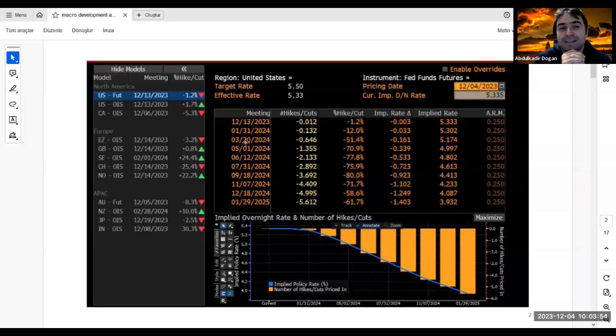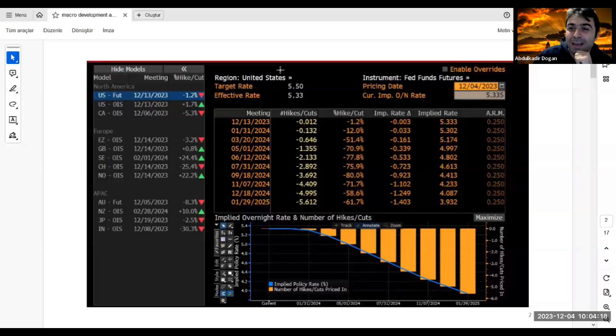Here, what this page is specifically showing. This page is the world interest rate probability page and shows the probability of the Federal Reserve rate hike or rate cut process in the next couple of months and years.